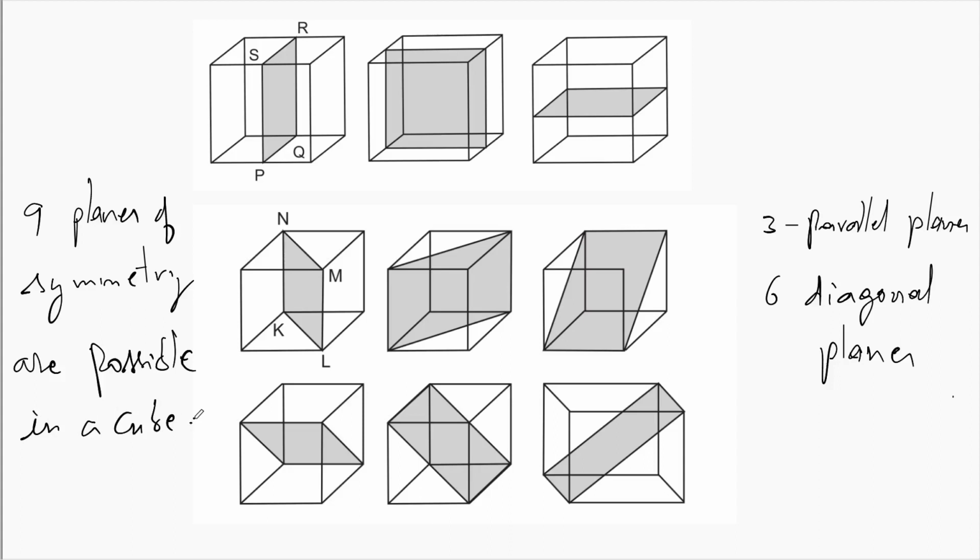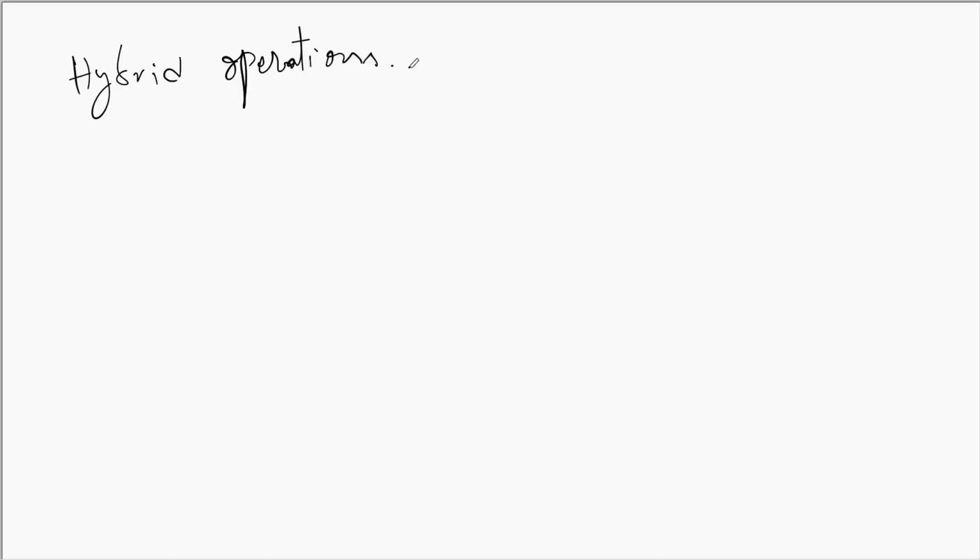In addition to the operations that we have discussed, one can also have hybrid operations. A hybrid operation is a combination of 2 or more different operations. We have the roto-reflection. It is a combination of an n-fold rotation followed by a reflection in a plane perpendicular to the rotation axis.